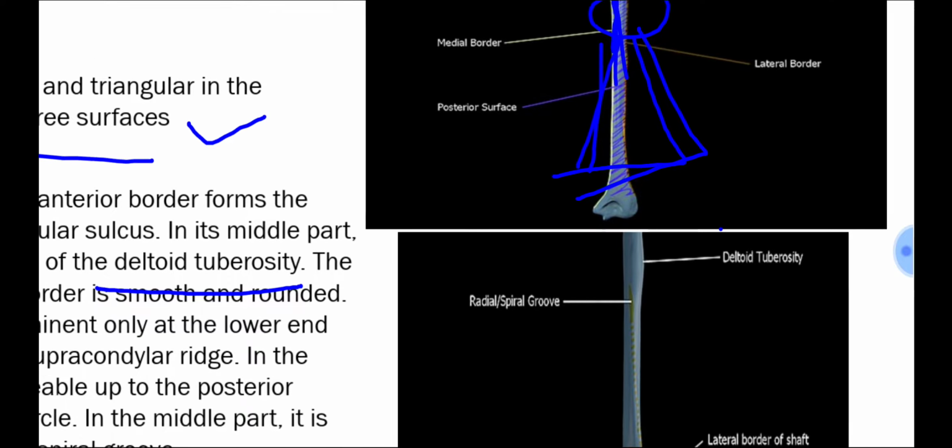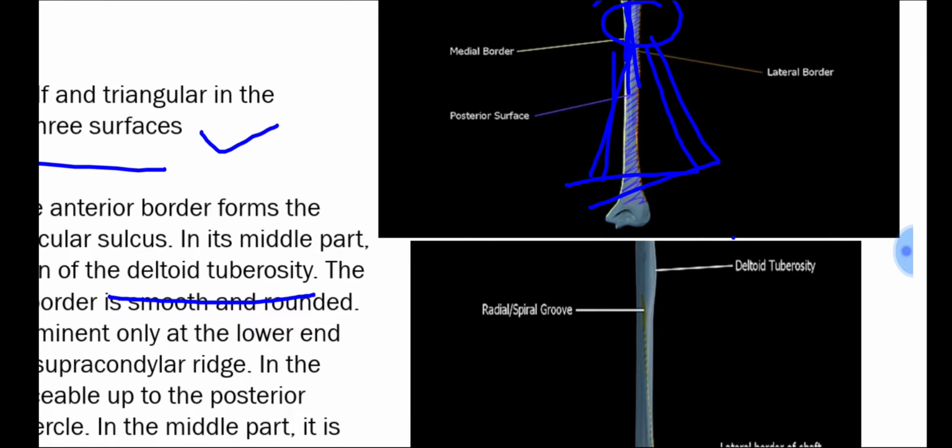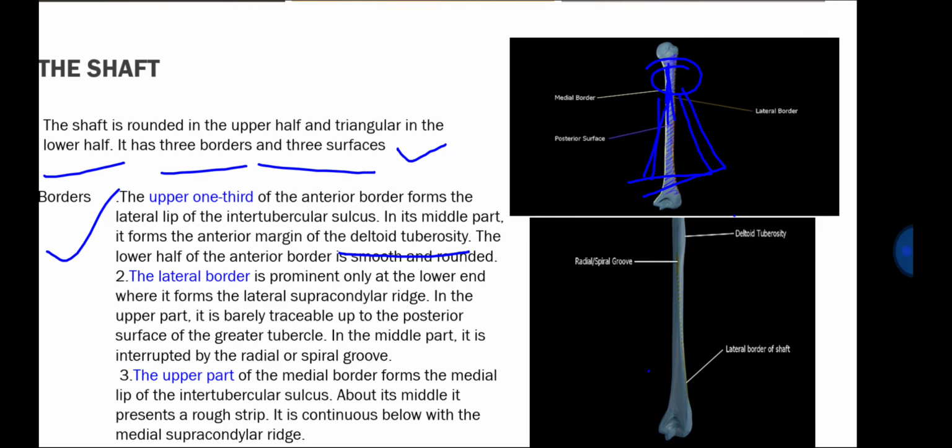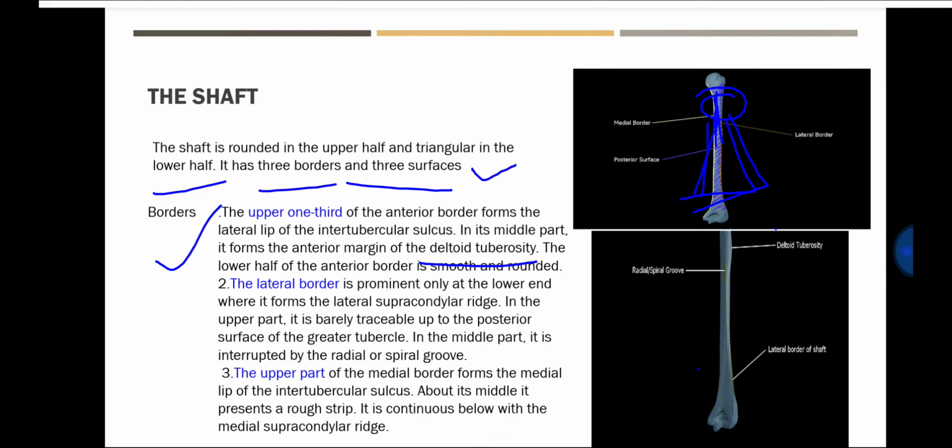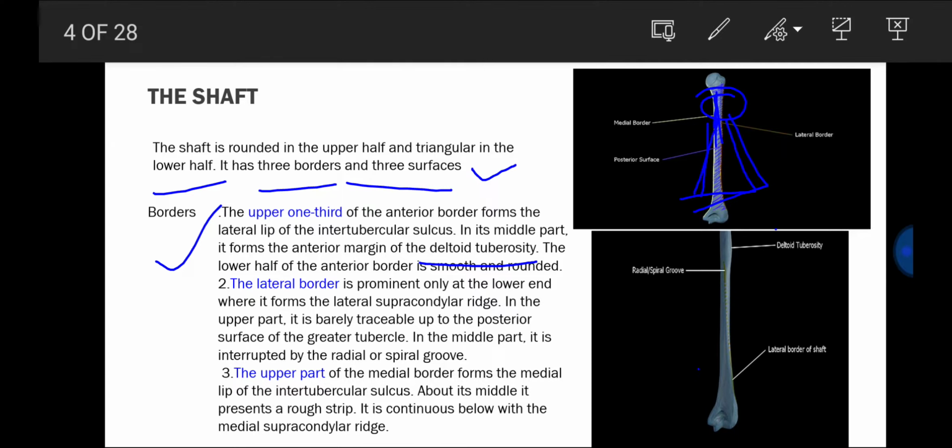Here is the deltoid tuberosity. The lower half of the anterior border is smooth and rounded.